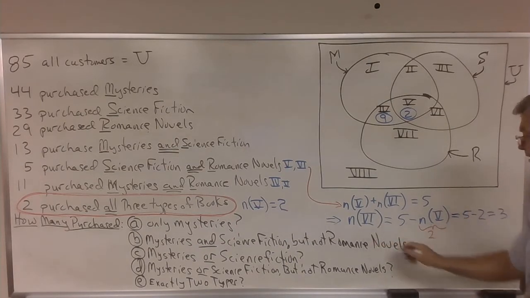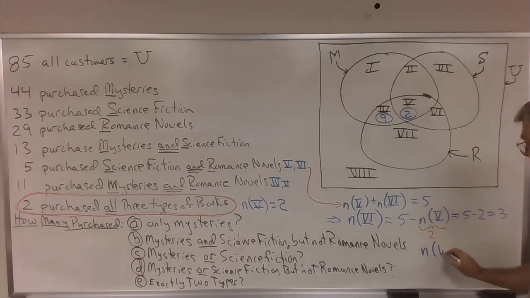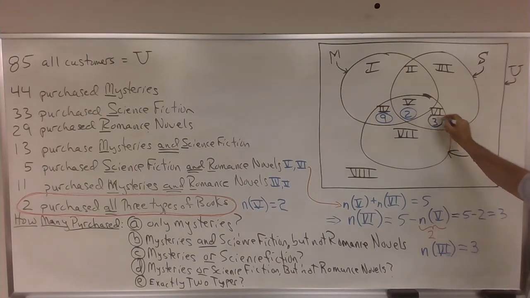The number in region 6 is 3. So now we know how many people are in region 6. Oh, what to do now? What to do now?